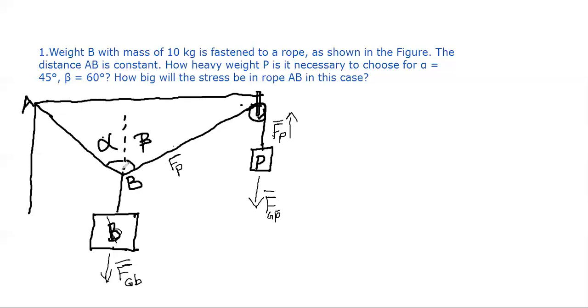That means this is not changing. So that means the system is in equilibrium. So the force with which we are pulling the system up, the P up, will be the same force acting on here, but in opposite direction, right? So the pulley is here to change the direction of force.